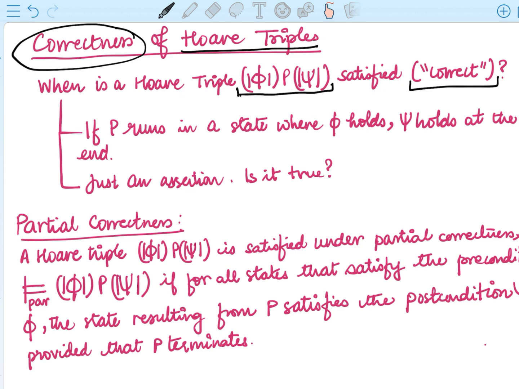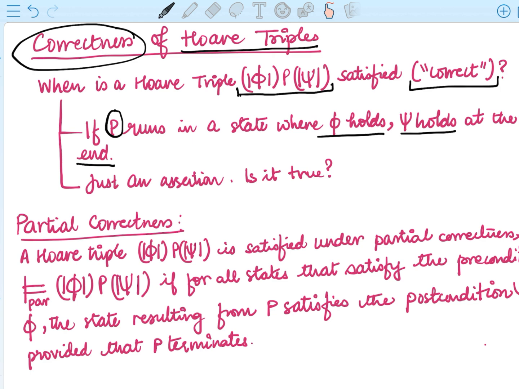When correctness is concerned, you're also talking about safety, liveness, functional verification, etc. So if P runs in a state where phi holds, psi holds at the end. If your program fulfills the precondition, the postcondition psi will also hold in the end. We will see a lot of examples to understand this.